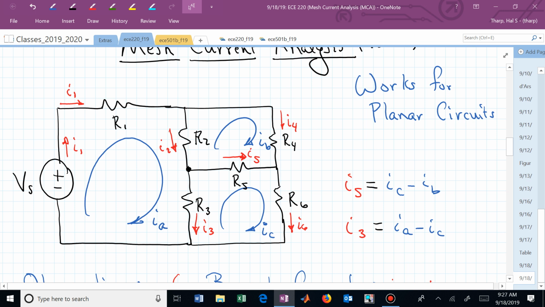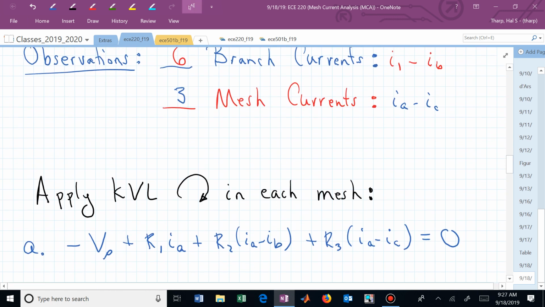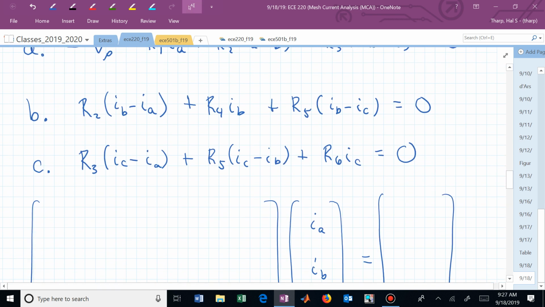R1, R2, R3 on its little adventure. That goes in the 1-1 entry. That's the diagonal entry associated with I sub A. Then if we look at this, we have a minus R2 I sub B. Let me fill in the first one first. So here was R1 plus R2 plus R sub 3. Those were the resistors that I sub A touched in mesh A.